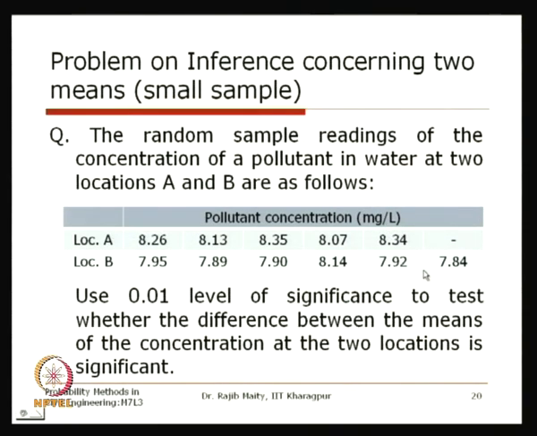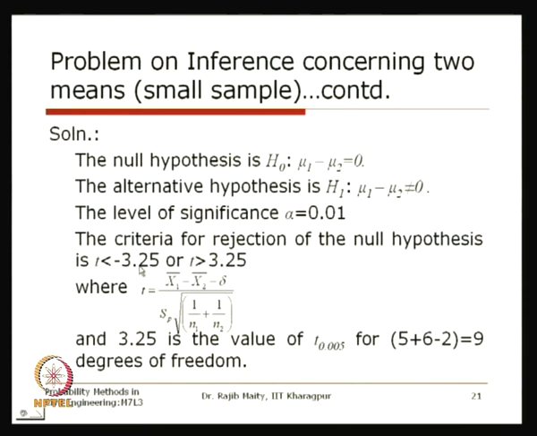With 9 degrees of freedom at significance level 0.01 we get minus 3.25 and 3.25. If our test statistic falls in this region, then we should reject the null hypothesis.